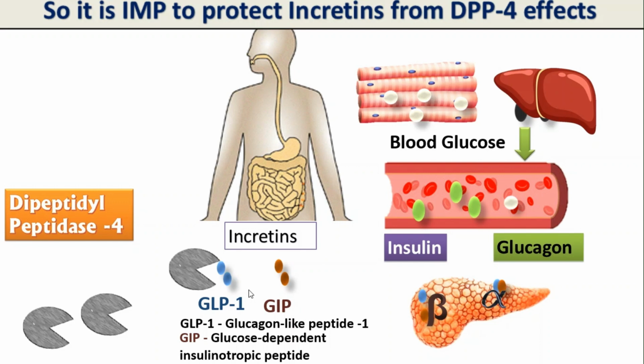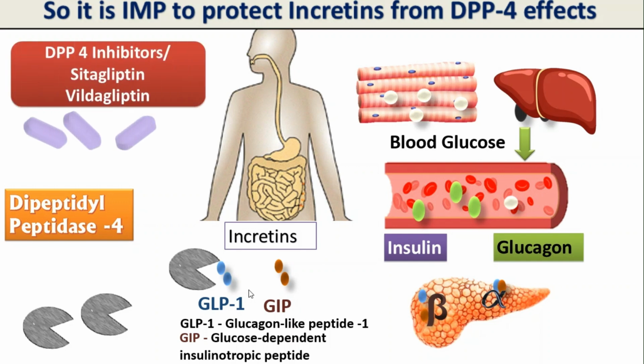So, to protect the incretins, both GLP-1 and GIP, we are introducing DPP-4 inhibitors, drugs like Sitagliptin and Vildagliptin. These drugs, Sitagliptin and Vildagliptin, go to the DPP-4 enzyme and block this enzyme.